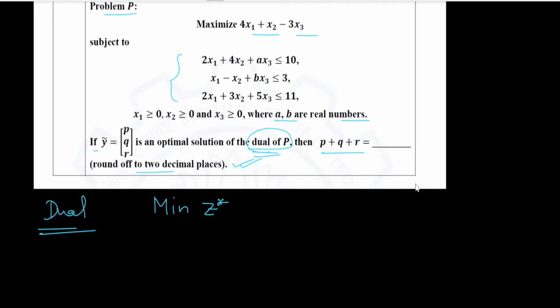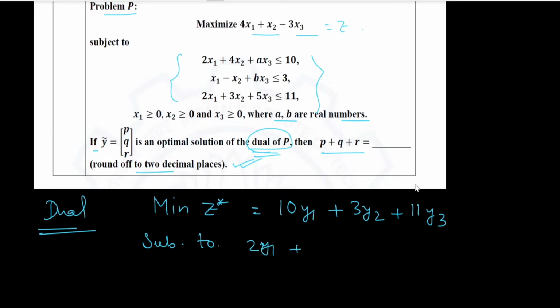Suppose this is maximum of z, so minimum of z star equals 10y1 plus 3y2 plus 11y3, subject to the constraint 2y1 plus y2 plus 2y3.